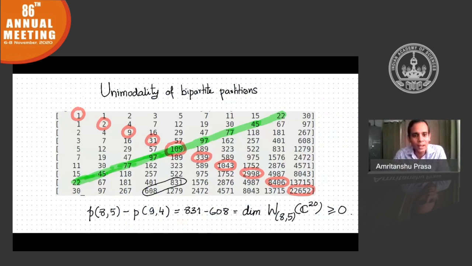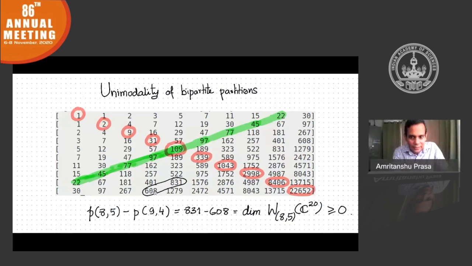In the table, I've written down the number of vector partitions of vectors, the rows lambda 1 comma lambda 2, where lambda 1 goes along the row, lambda 2 goes along the column. And what you see is that the number of vector partitions along each diagonal is maximum along the principal diagonal. So that means, for example, here, (8,5) is closer to the diagonal than (9,4). So P(8,5) is greater than or equal to P(9,4).